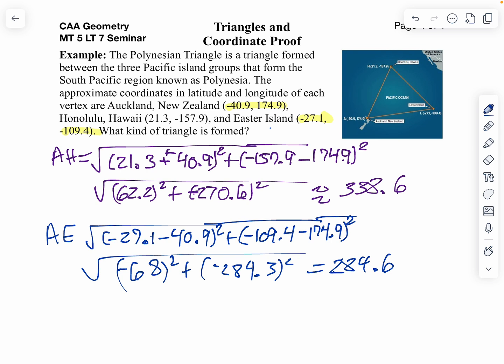Then finally, let's do Honolulu to Easter Island. We're going to go through the same steps again.